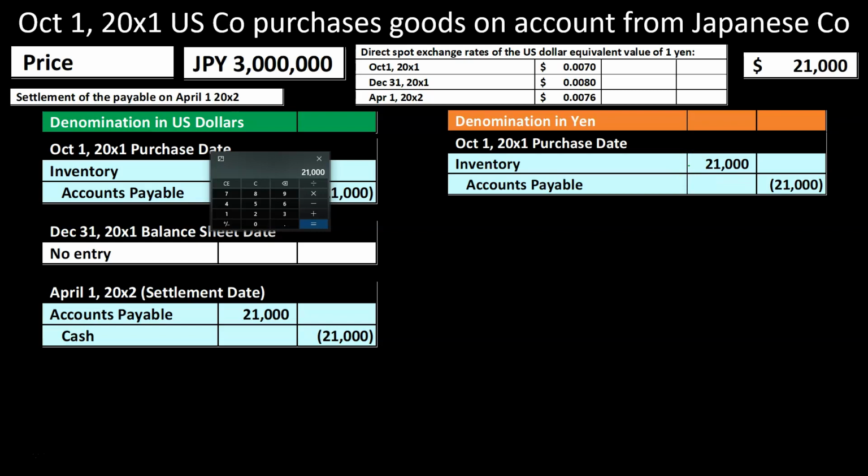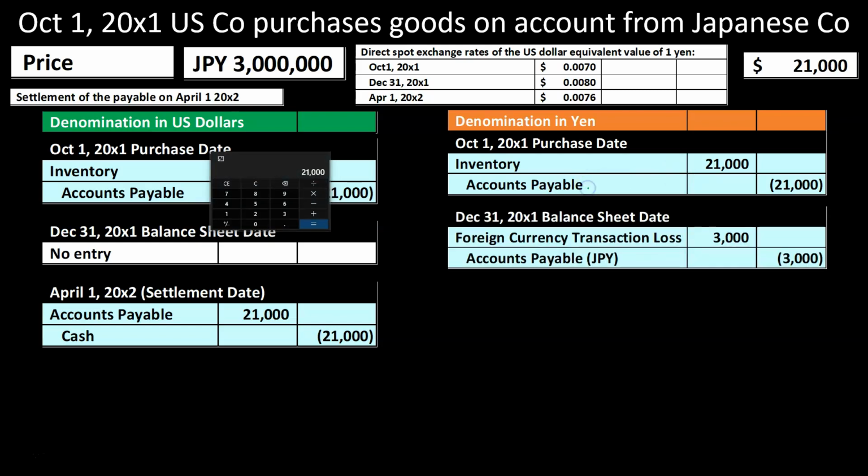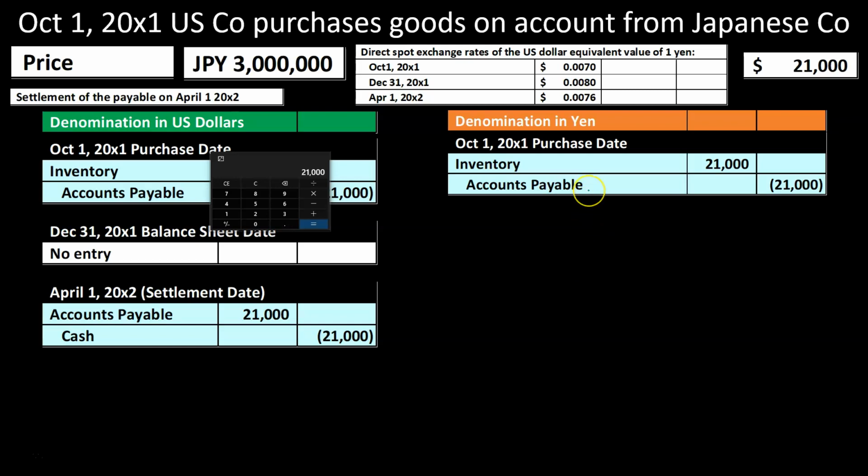We're going to be paying in yen. And then we've got an accounts payable, which we should reflect that's in yen, with a JPY or something to indicate that the accounts payable is not going to be in dollars, it's going to be in yen. So this 21,000 reflects the fact that we're going to be paying something worth 21,000, but we're not actually exchanging dollars. We're going to be giving the 3 million yen, which currently has an exchange rate to us of the 21,000. So we have to put it on our books at the current valuation, even though we're going to be paying in something other than dollars.